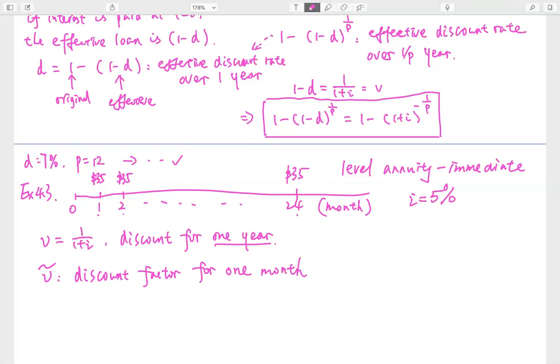That means v tilde to the -1 would be the accumulation factor at 1 month.